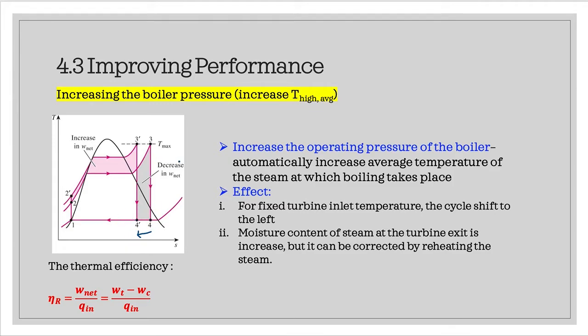But this problem can be corrected by reheating the steam, and we will learn about this in our next topic. Since the W net is increased, therefore we can say that increasing the boiler pressure will increase the thermal efficiency.